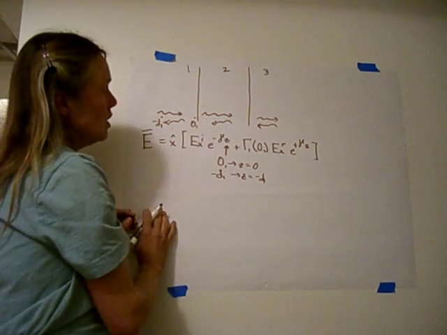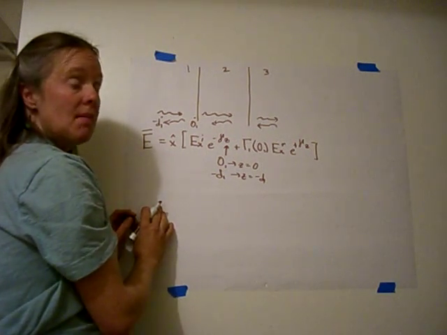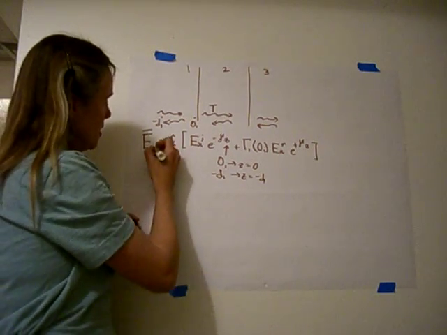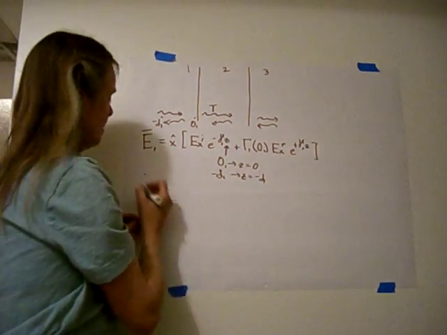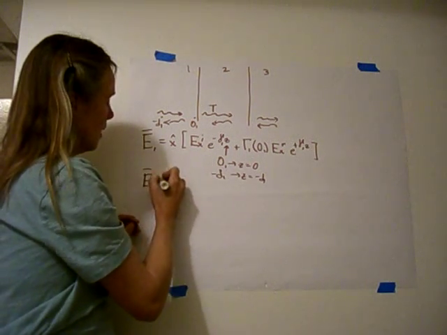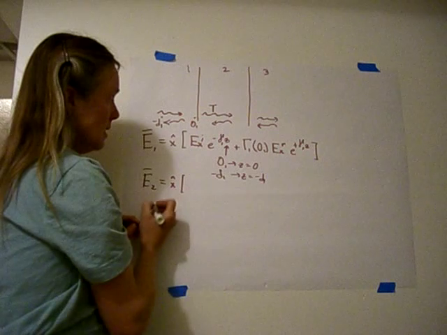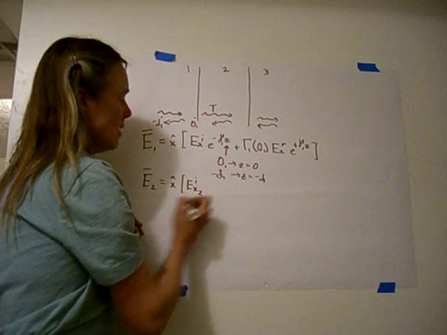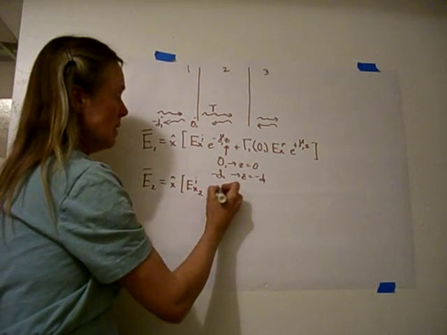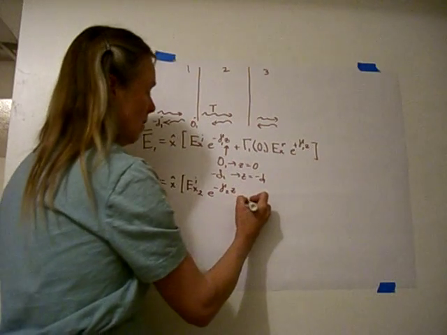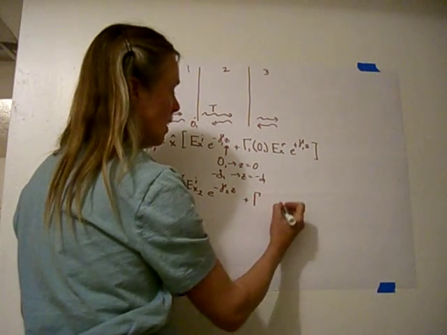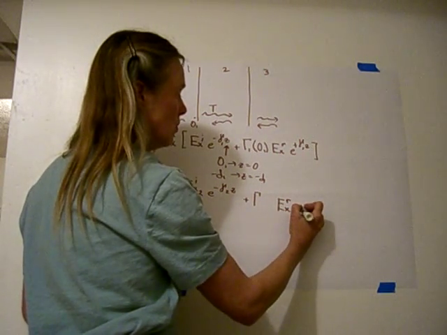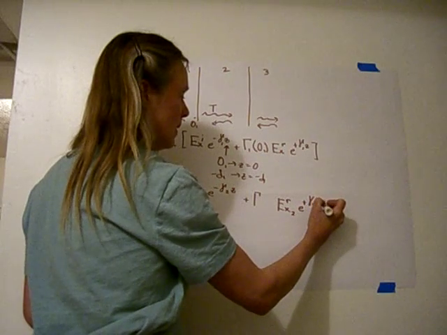But if I want to go to region number 2, I need to know something about the transmission coefficient. This is the transmitted electric field. This is in region number 1, these would be gamma 1s. In region number 2, the polarization of the electric field stays exactly the same, and it's going to be Ex incident for region number 2 times e to the minus gamma 2z plus some reflection coefficient, we'll talk about what that is, times Ex reflected in region number 2 e to the plus gamma 2z.